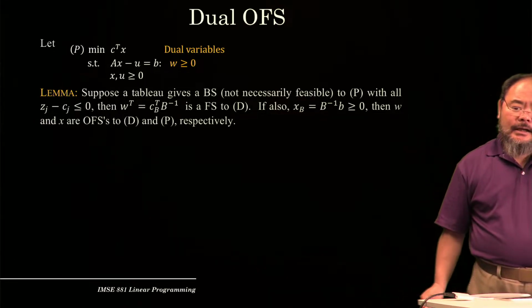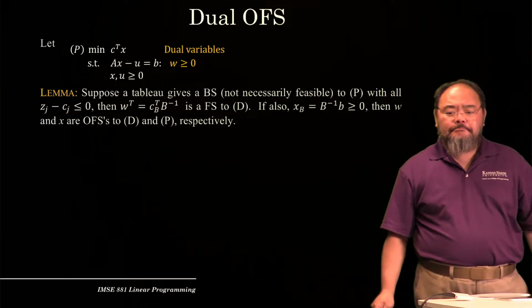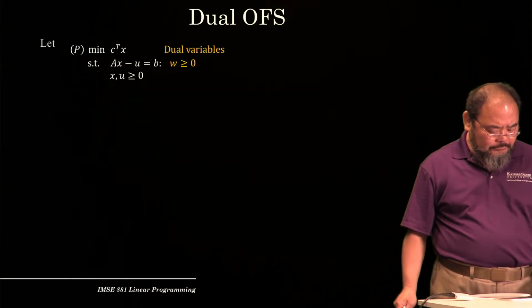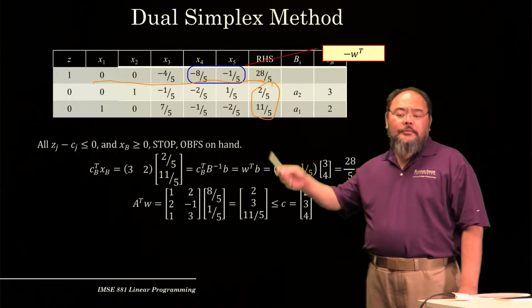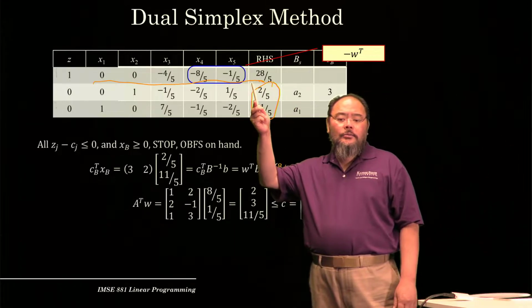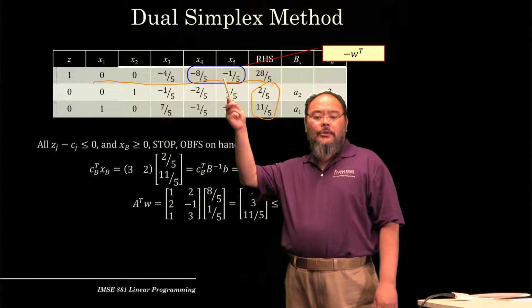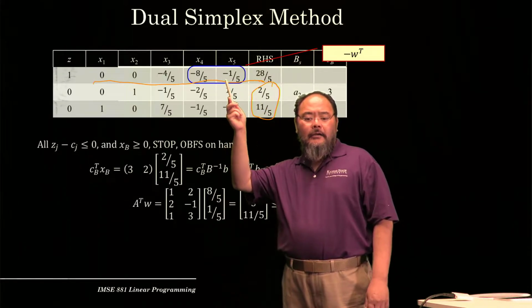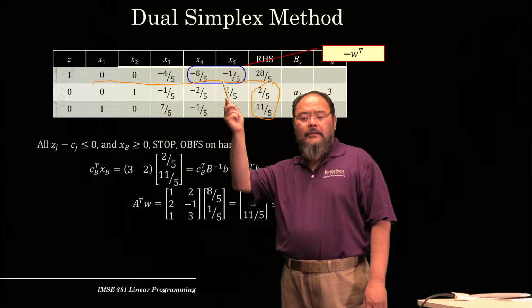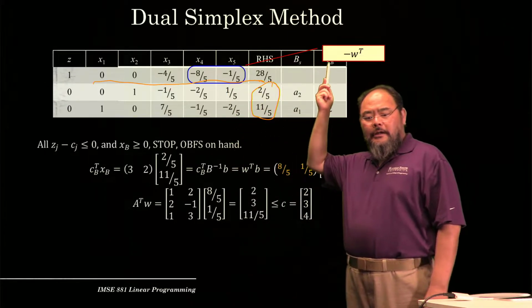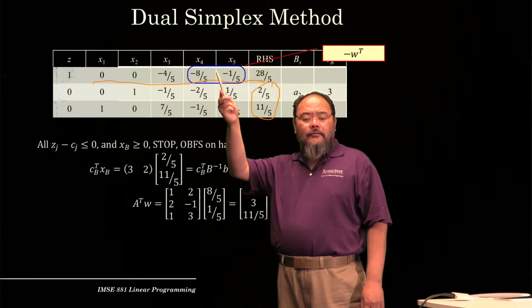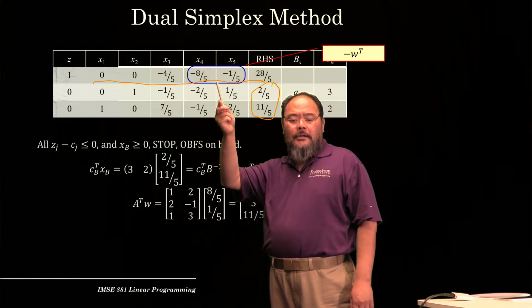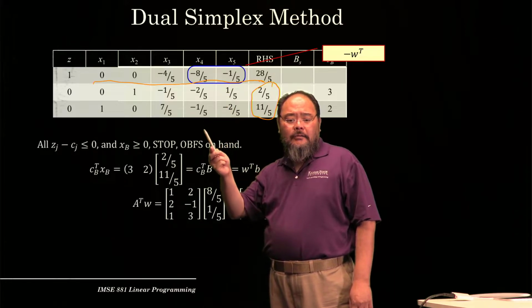Remember, in the last slide, if I go back to the final optimal tableau, we showed that these two are the negative dual solution, negative omega. If I multiply by negative, all the omega will be positive.